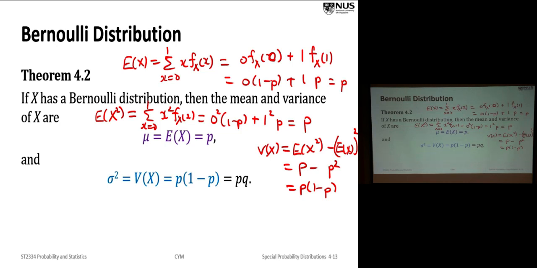So suppose I want to know what is the value of p such that the variance is the smallest. So how to get it?